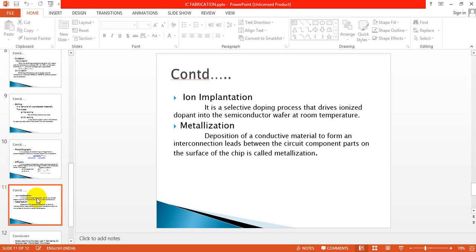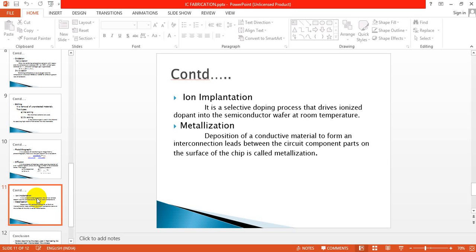The resulting ions are accelerated by high voltage and form a narrow beam that is directed into windows patterned in the wafer surface. The ions have enough energy to penetrate the surface and then slow down to rest within the wafer at depths determined by the manufacturer. And the seventh step is metallization.